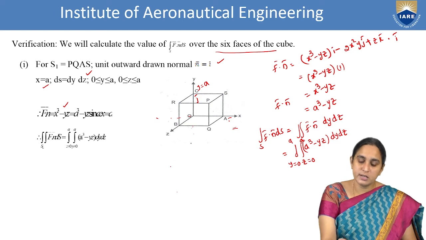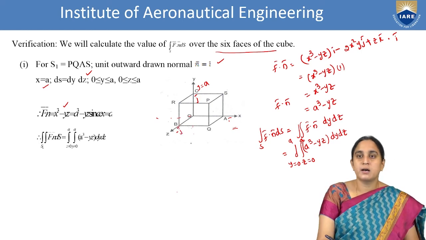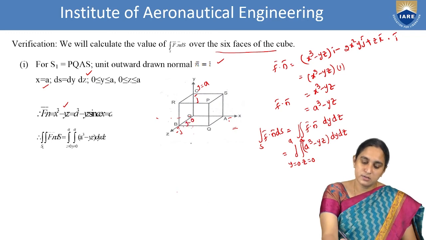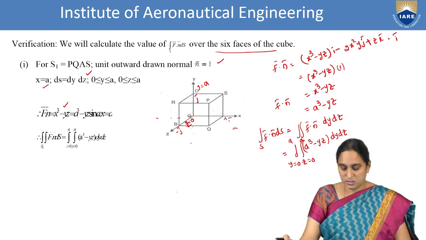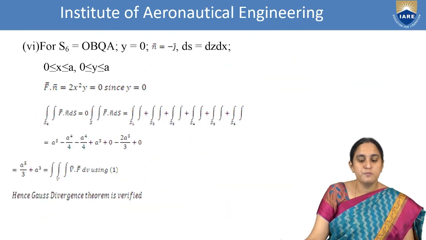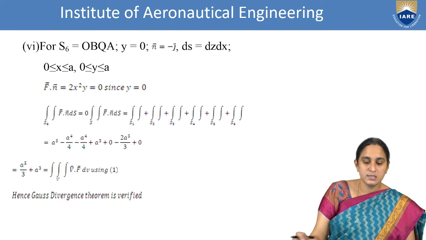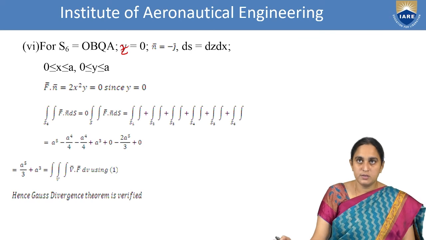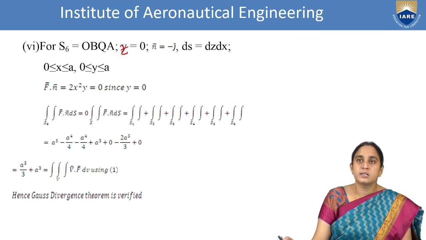That unit normal vector is what? Minus j bar. And what about the limit point for that? Z is equal to 0. Okay, then on S6, OBQA, for that case, Z is equal to 0, and the unit normal vector n bar is equal to minus j bar, and ds is equal to what? Dz dx.